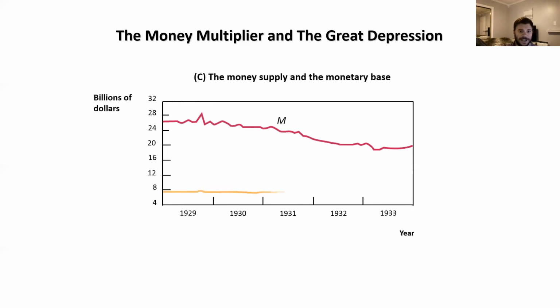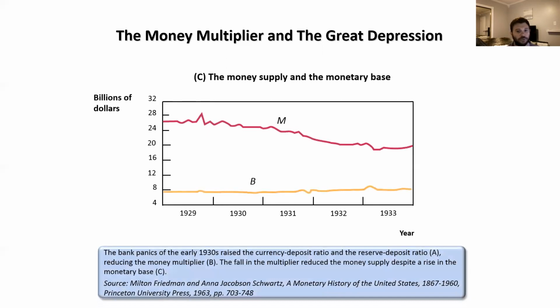The base looks pretty stable over 1931 to 1933. There is a slight upward slope in the base, meaning the Fed did try to lean against the wind and increase the base despite the multiplier falling, but they really underestimated how aggressively they would have needed to do that.